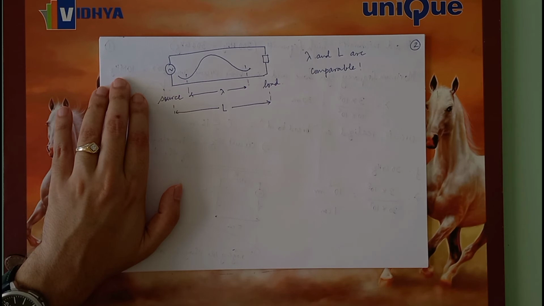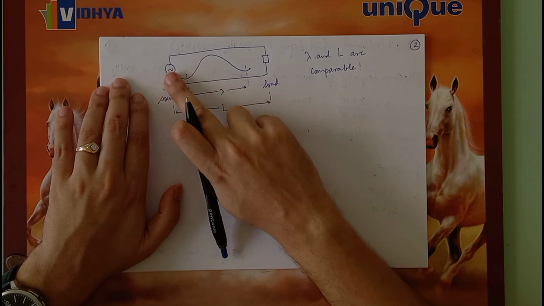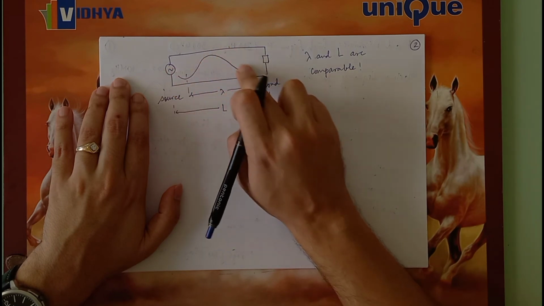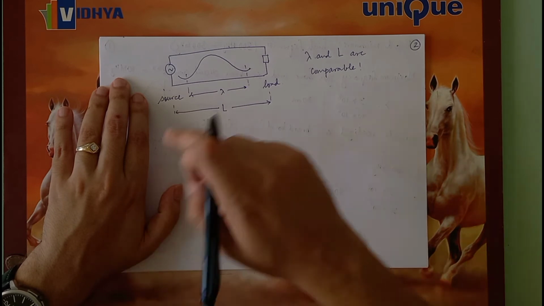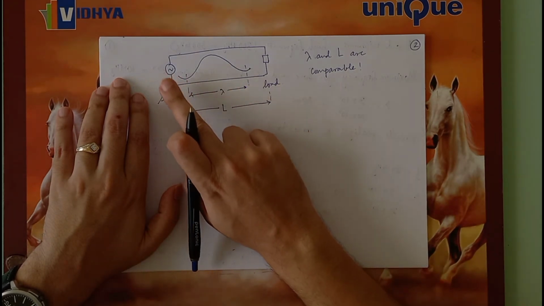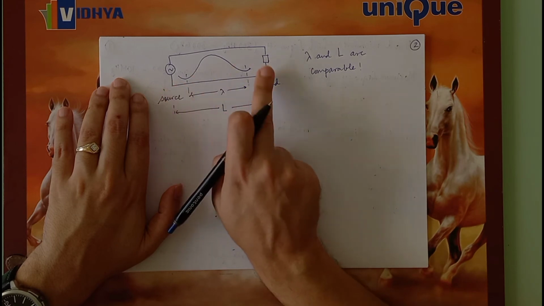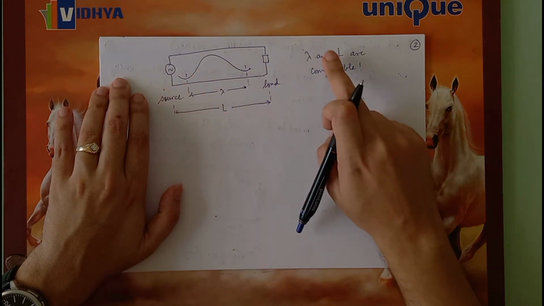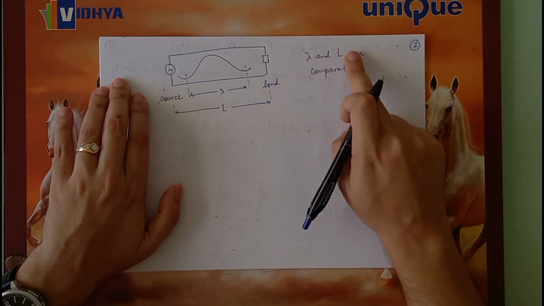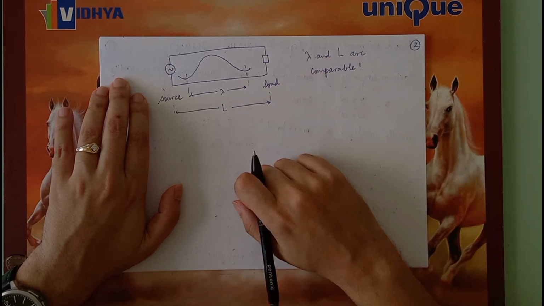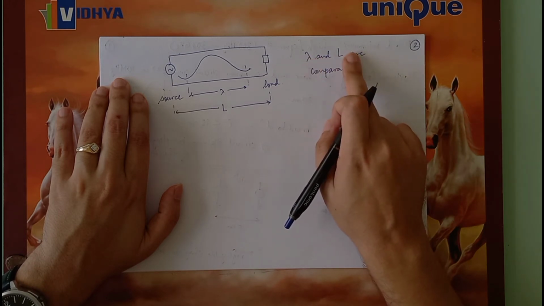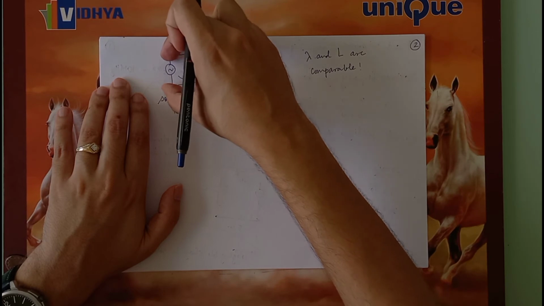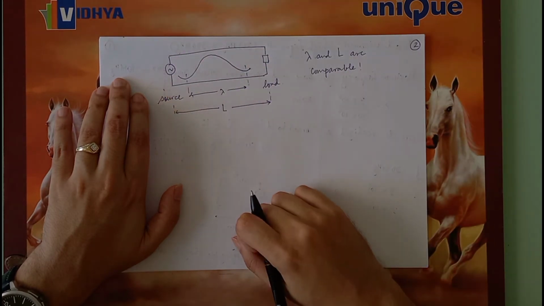So now what we are seeing is that because of this AC source, the voltage that it generates is anyway a function of time, but we can no longer say that the voltage at the source and the voltage at the load are equal, because now the wavelength and the length of the circuit itself are comparable. Had lambda been much bigger than L, then we could have said that whatever is the voltage across the source, the same is the voltage across the load.